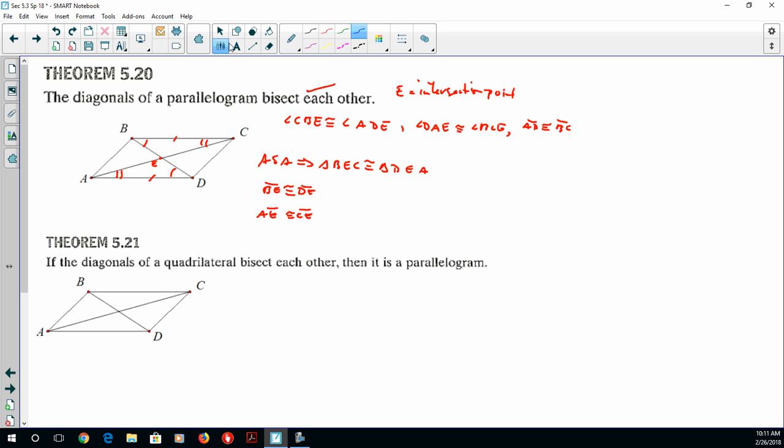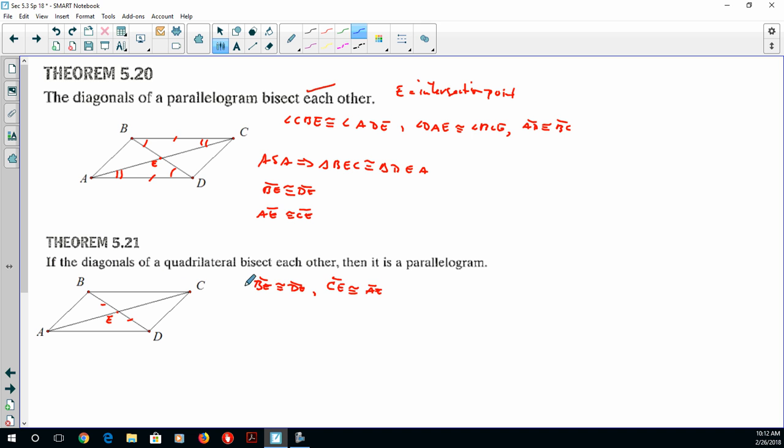If the diagonals bisect each other, that means BE is congruent to DE, so those two are congruent. It also means that CE is congruent to AE, so those two are congruent.